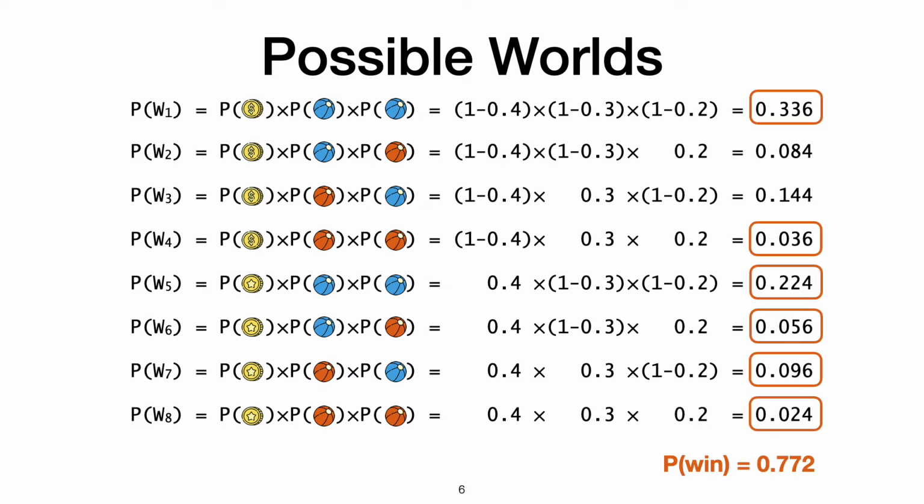Then, in a next step, we can verify for which of our worlds our win query is true. So, there are those worlds where we toss heads and have a red ball, or where we have two balls of the same color. And we add up the probabilities of these worlds to get the total probability of winning the game, which is in this case equal to 77.2%.